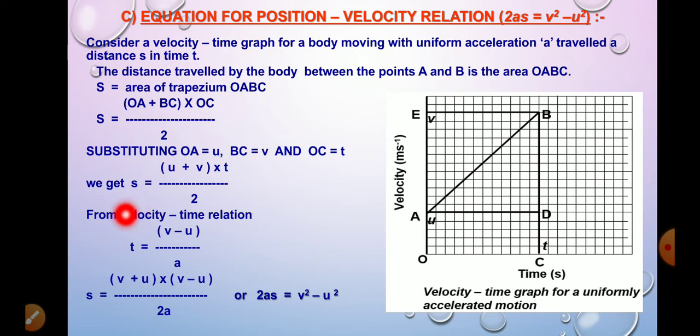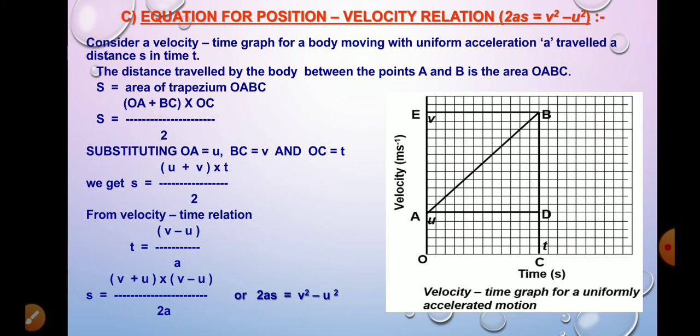So T is equal to V minus U divided by A. Let us substitute it in this equation. So S is equal to U plus V into V minus U divided by A into 2, so the denominator A goes to the denominator, that is 2A.